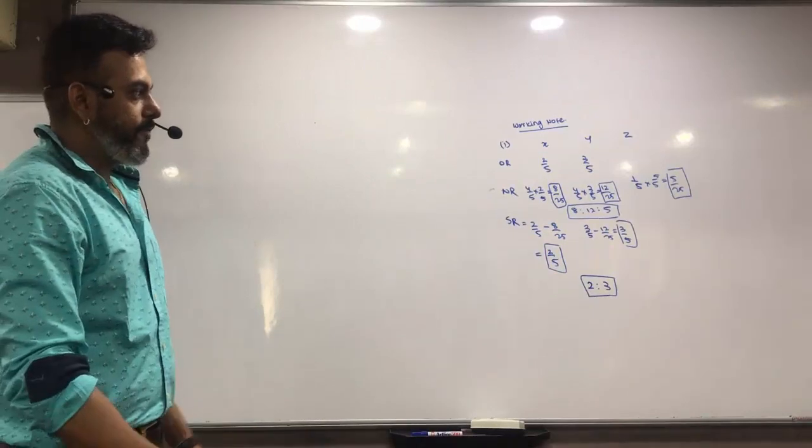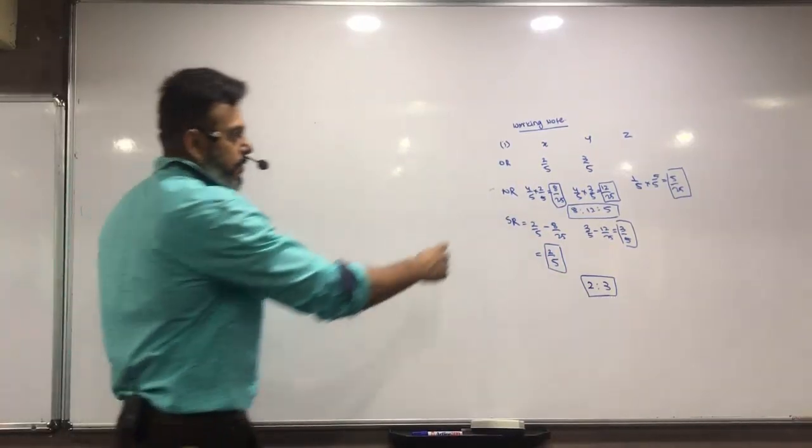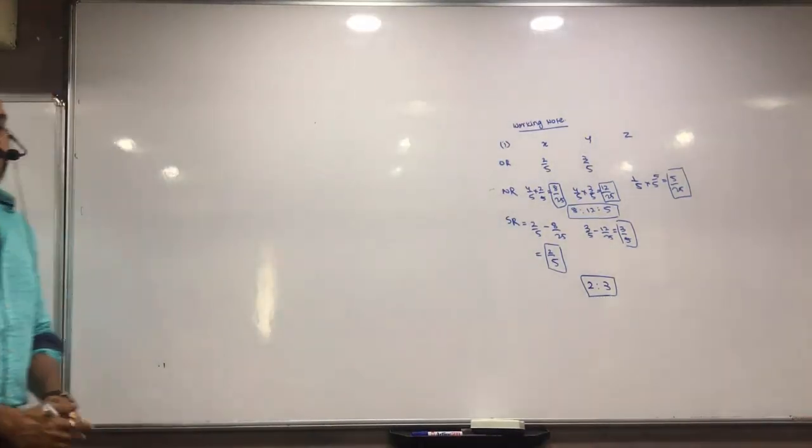First entry is we will write off the old value of goodwill. It will go to old partners in old ratios.